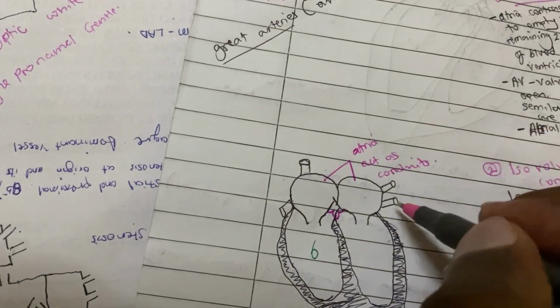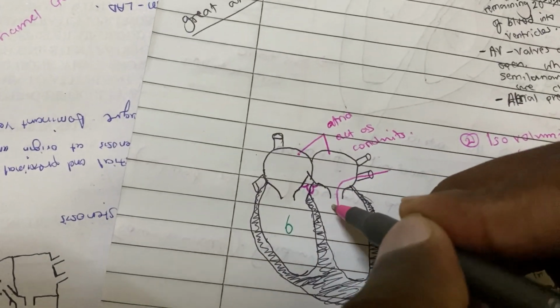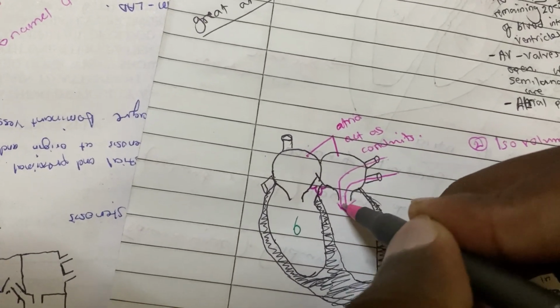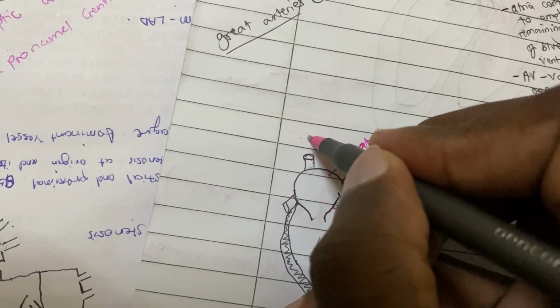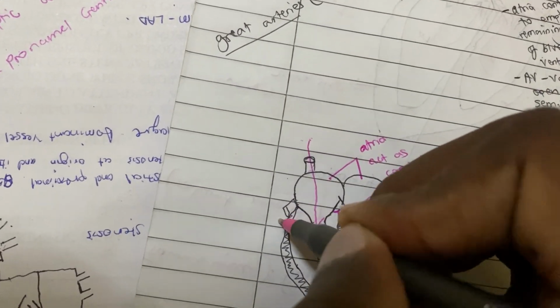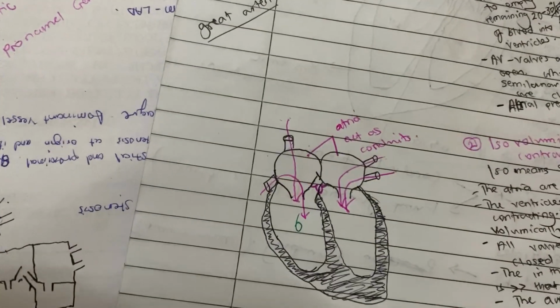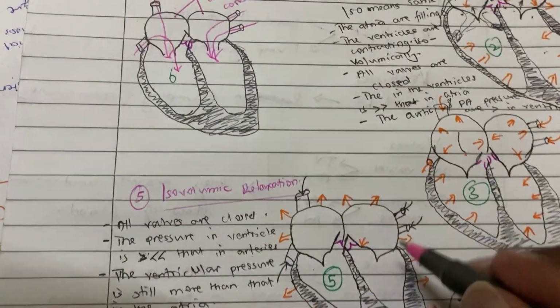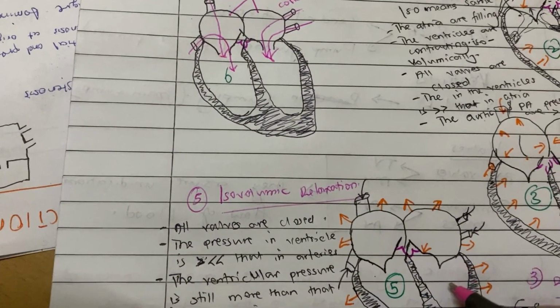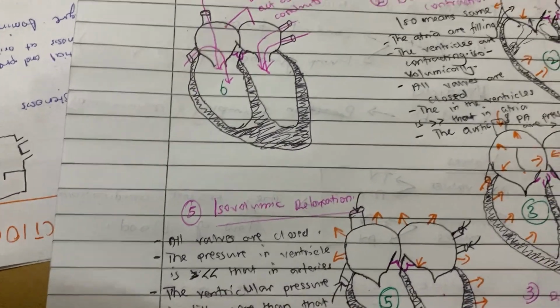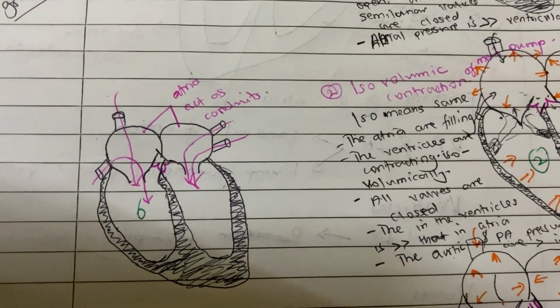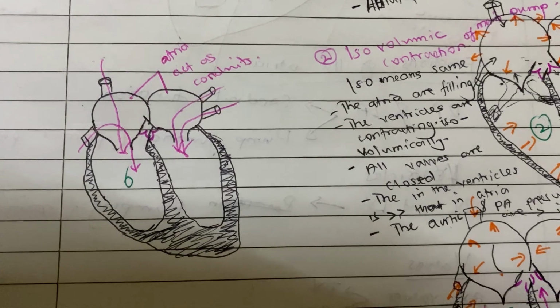Blood just passes, so blood here just comes. Here no blood flow, but here blood was moving in this direction.